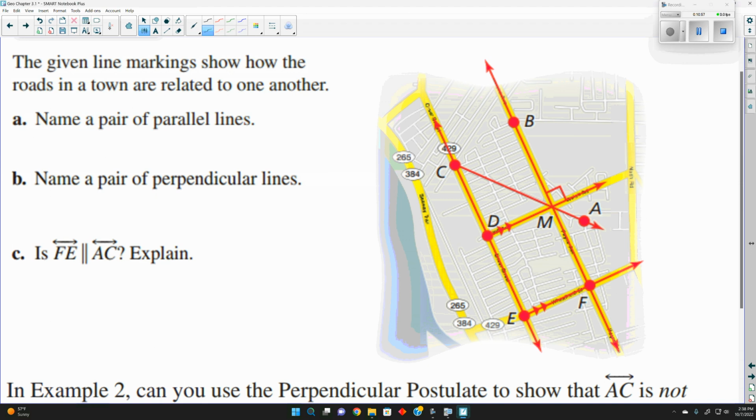Well, the lines don't have a name, so you have to name the line. So I would say that line DM is parallel to line EF.